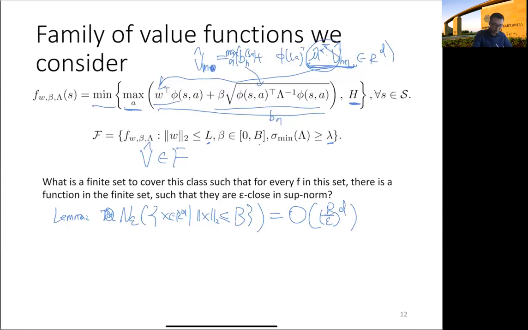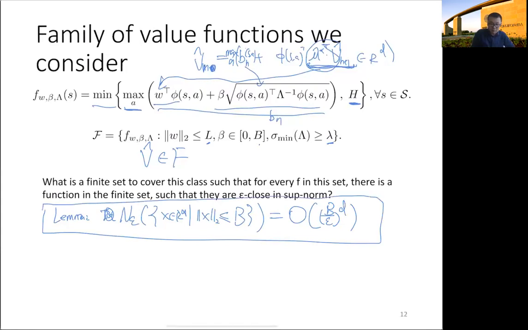Okay, so this is a lemma. You can get this by applying the formula for the volume of this ball, and then dividing that by the volume of the little ball that you're using to cover it, and you can get this quantity.